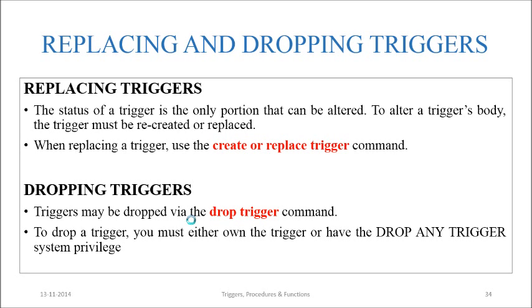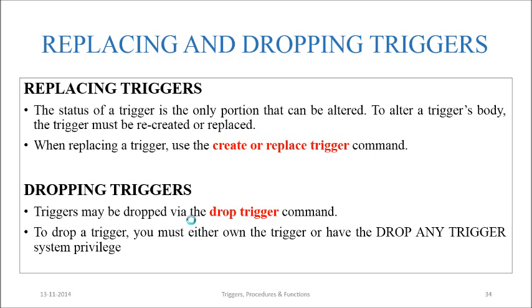The last part in triggers is replacing and dropping of the triggers. For replacing triggers, in the create syntax, there was the create or replace trigger statement. As I said, or replace is optional. If the trigger is already created and we have some modifications to that existing trigger, we can use create or replace trigger and mention the new trigger there, then the trigger body is altered.